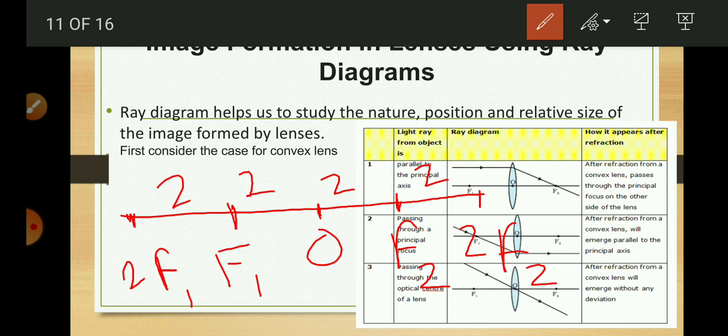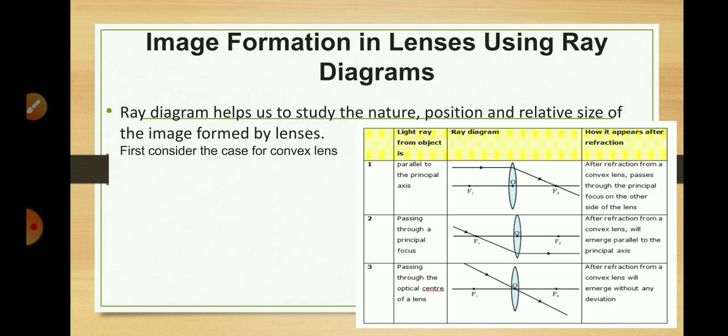You have to remember that to construct a ray diagram you have to take the same distance between each point. So if the distance between O and F2 is 2, then the distance between F2 and 2F2 should be the same, it should be 2.